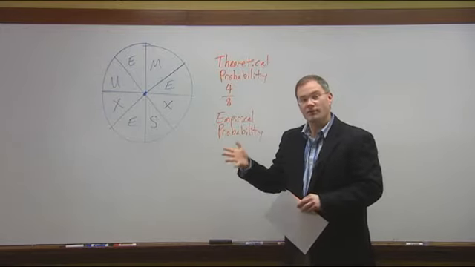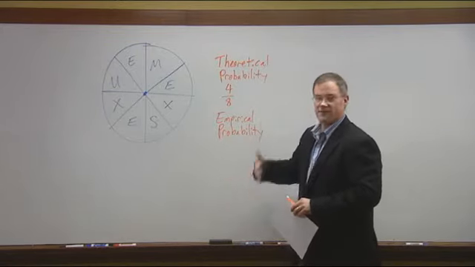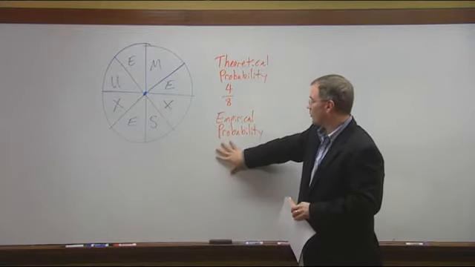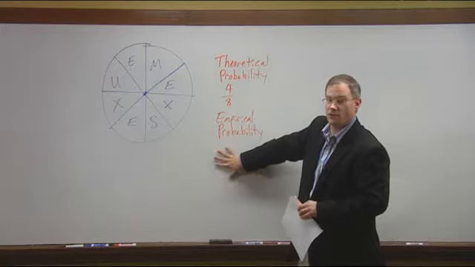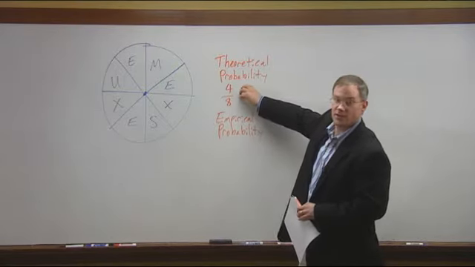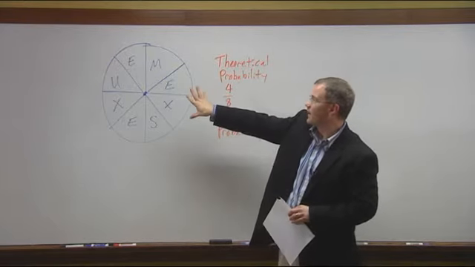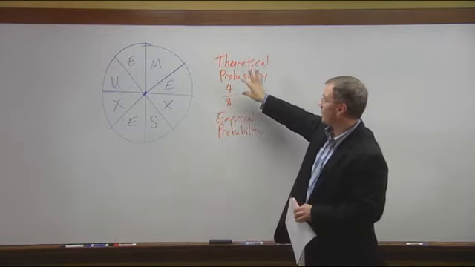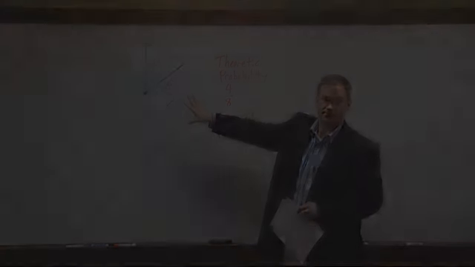And the law of large numbers is a key concept in statistics that if you do something enough times, then the empirical probability will approach the theoretical probability. So the likelihood that you would get a vowel is about the same number of times as you would get a consonant.